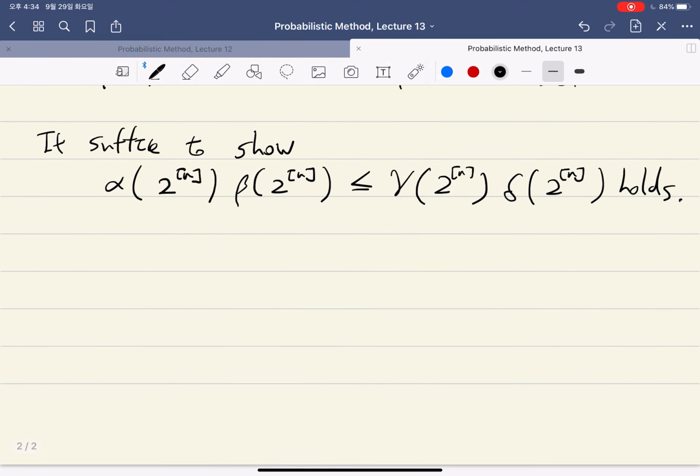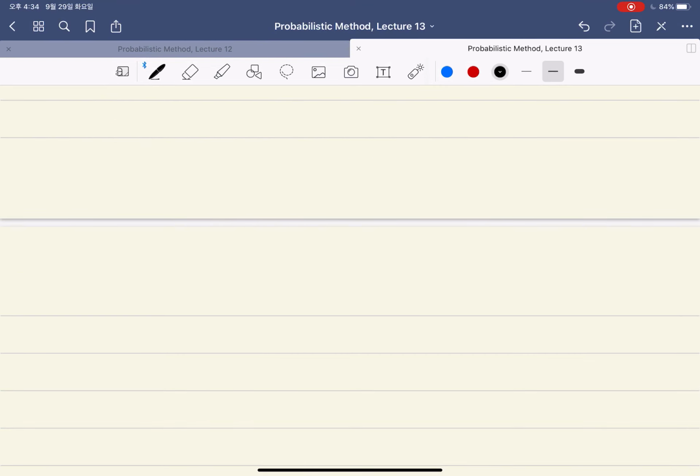So now, with this assumption, this is what we want to prove. And we prove this by using induction on n. So what's the base case?